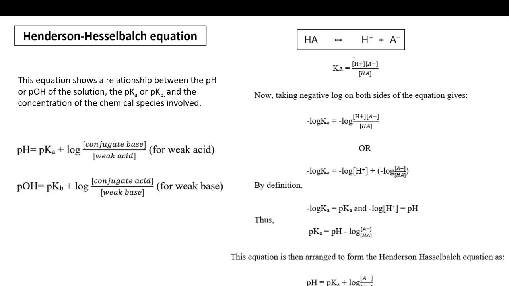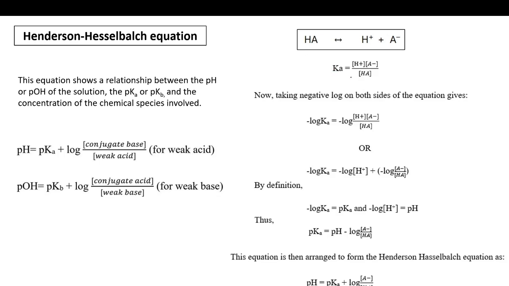If we take an example of a weak acid, this is HA. When you dissolve it in a solvent, it will dissociate into H plus and A minus. Here A minus is your conjugate base.